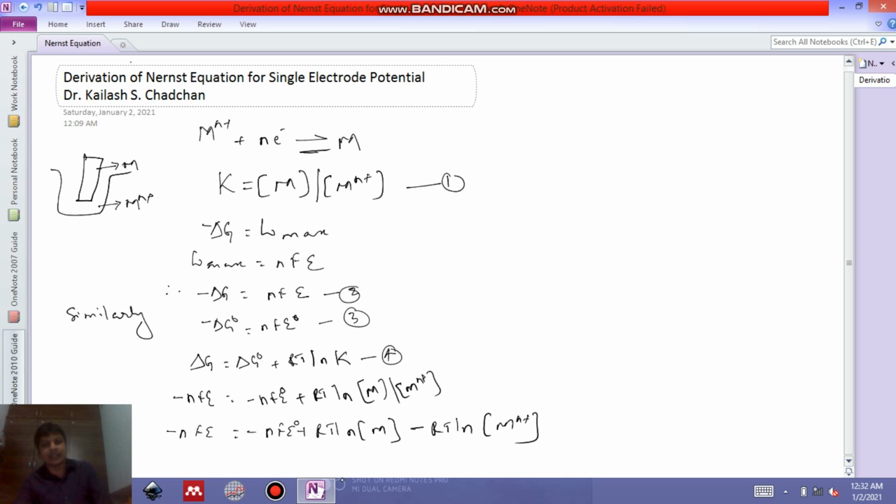I will write it like this. This is nothing but log A by B equals log A minus log B. Now divide the whole equation by minus nF to further simplify.